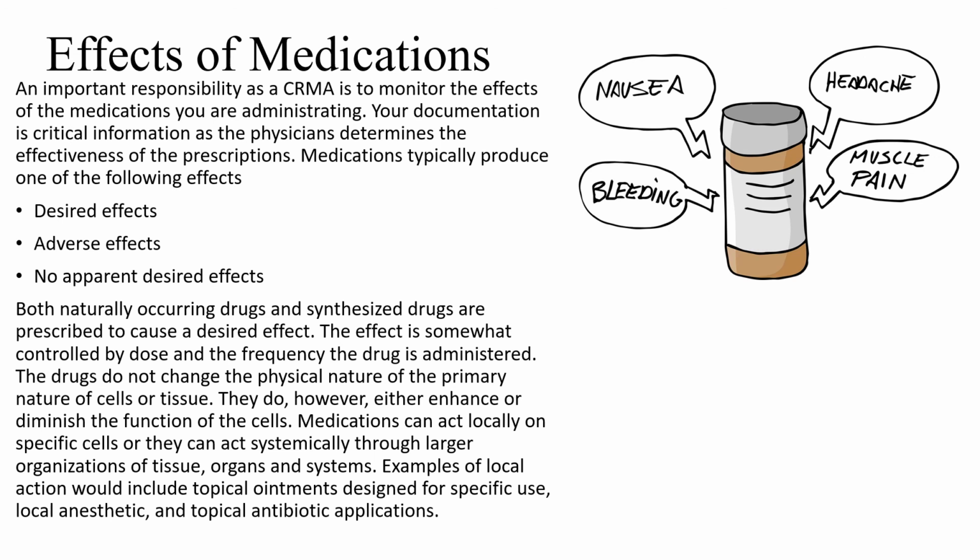The drugs do not change the primary nature of cells or tissue. They do, however, either enhance or diminish the functions of the cells. Medications can act locally on specific cells, or they can act systemically through larger organizations of tissue, organs, and systems. Examples of local action would include topical ointments designed for specific use, local anesthetics, and topical antibiotic applications.